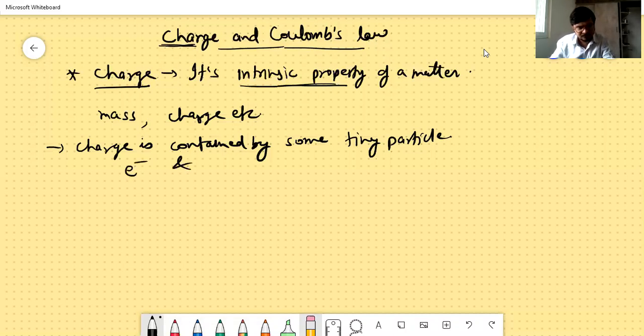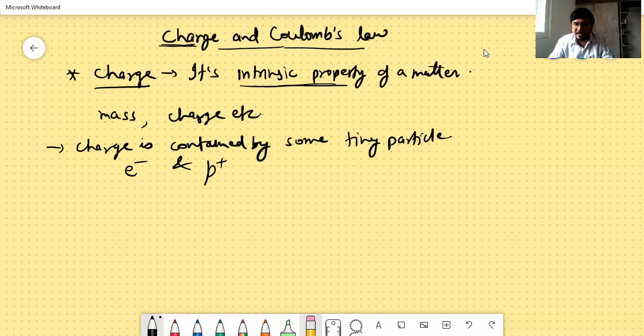Now the thing to be noticed is, does any atom have a fractional number of electrons or protons? The answer is no. Any atom cannot have 2.5 protons, or let's say 10.5 electrons, or any number like this. Any atom cannot have a fractional number of electrons or protons or charge carriers.